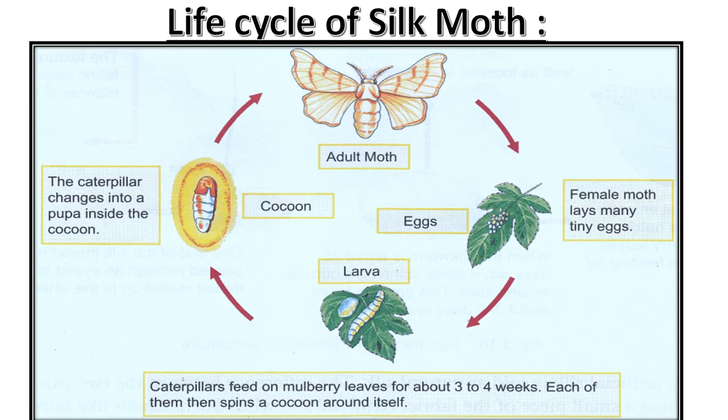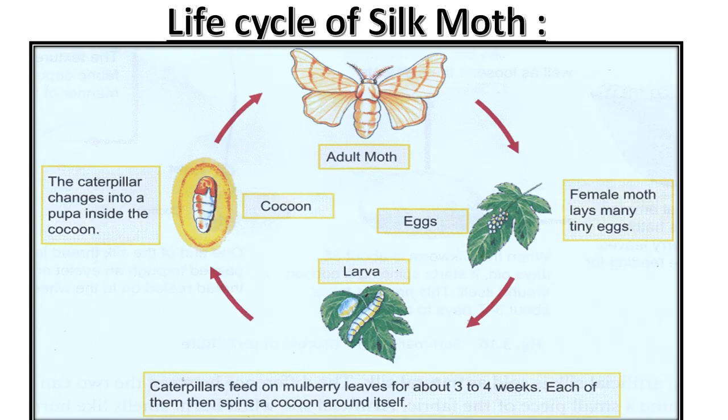Students, before looking at the life cycle of the silk moth in detail, let us first look at the diagrammatic representation of the same. In this life cycle, four major steps are given, starting from the adult moth. Female moth lays many tiny eggs. Then comes larva.